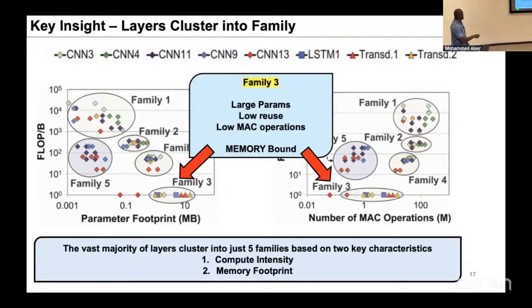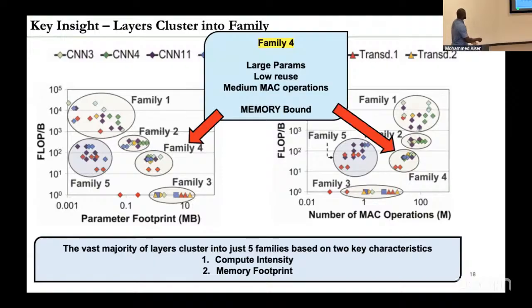Then the third family has large parameters, very low parameter reuse, and little to no MAC operations. That is, they don't do any math, and so they are bound by memory. They need to be very close to some source of data, because they don't do any math operations.